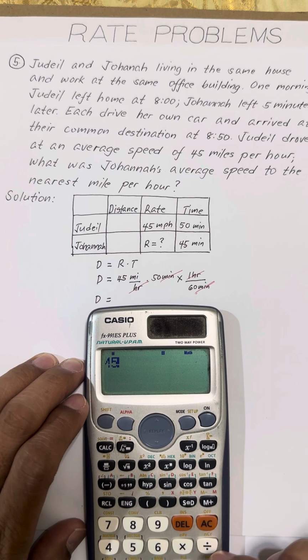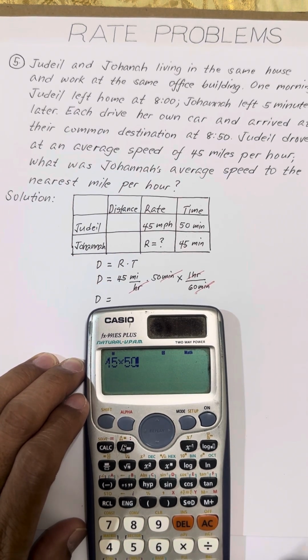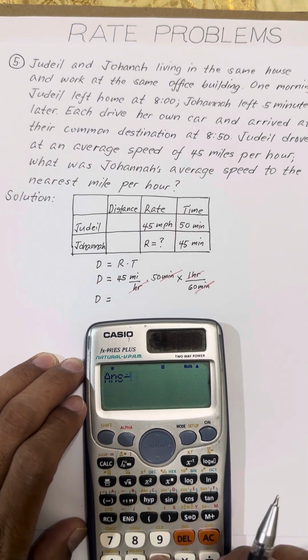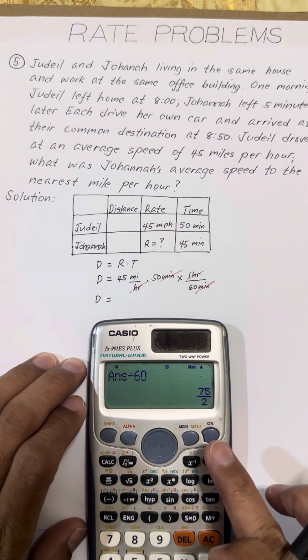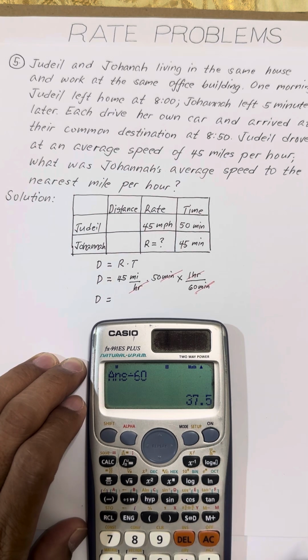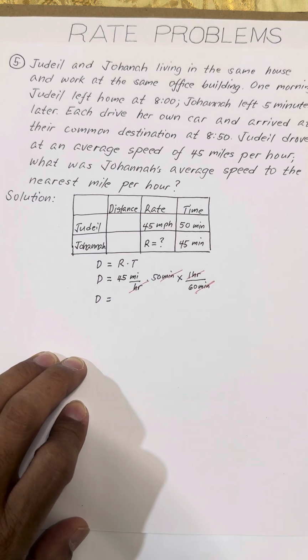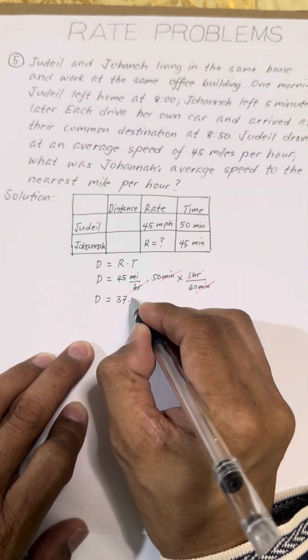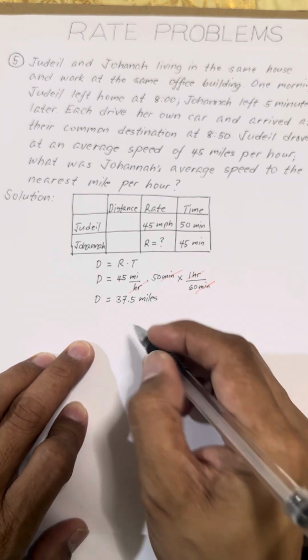Then multiply. So we have 45 times 50, then divide this by 60. So we get 75 divided by 2, or this is 37.5 miles, or simply MI.